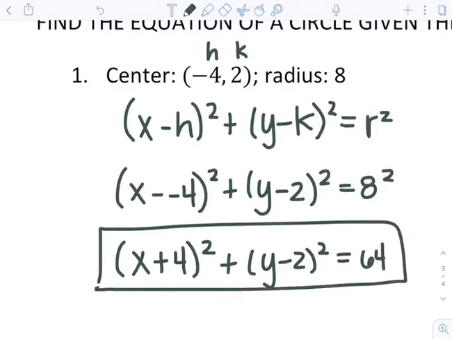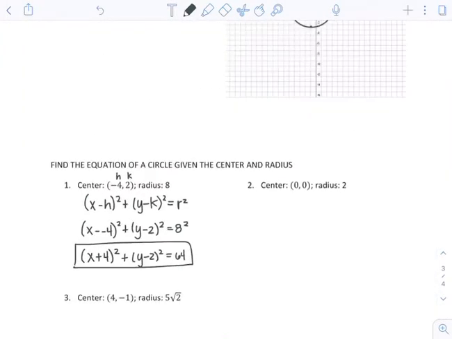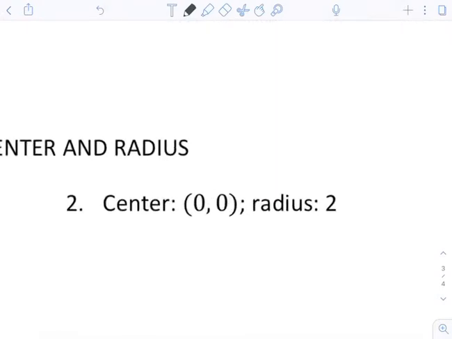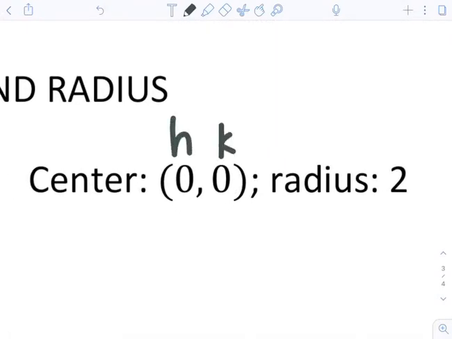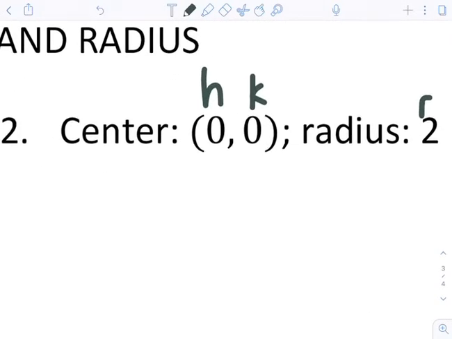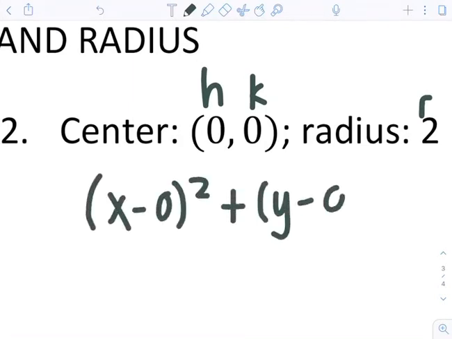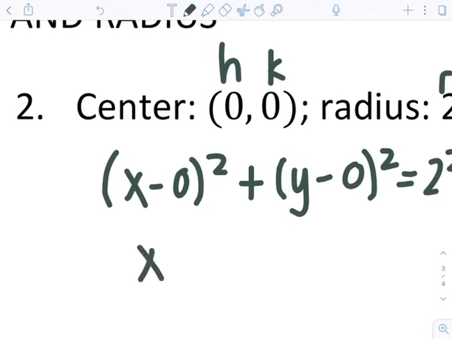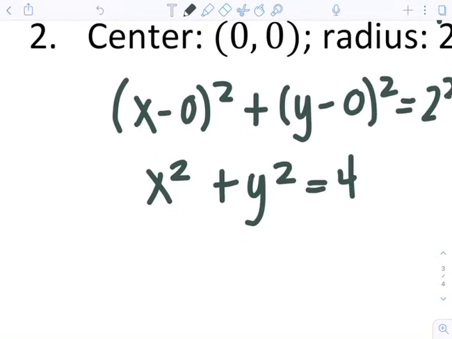And there's the equation of your circle. Very, very easy. So in number 2, here's my h, k, here's my r. So (x minus 0) squared plus (y minus 0) squared equals 2 squared. Well, that's just going to become x squared plus y squared equals 4.